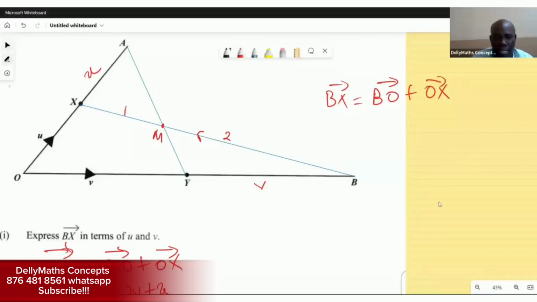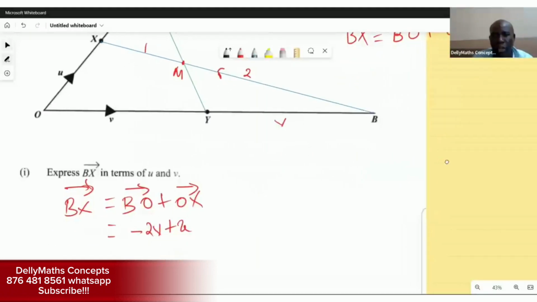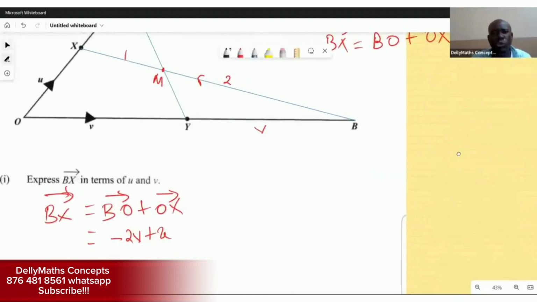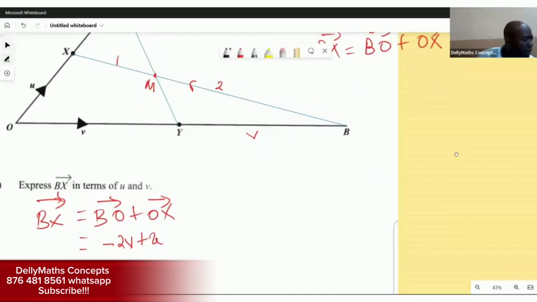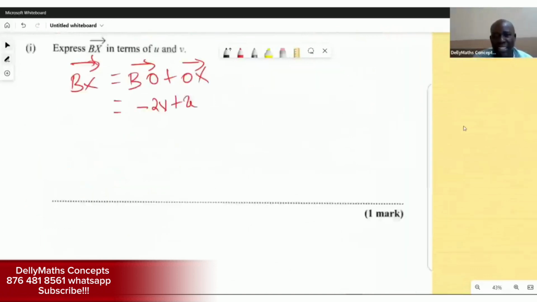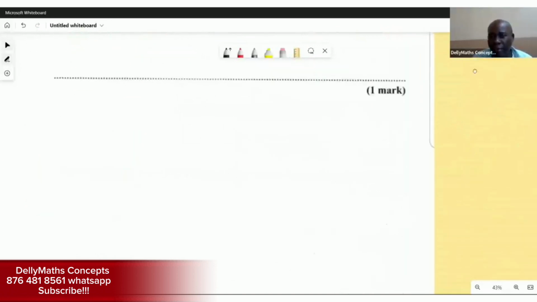Why do I feel like I worked out BX already? I have BX. All right, good. So if I have BX already, then 2/3 of BX is BM. So I have it already. You know what BM is? BM is equal to 2/3 of BX, and BX is -2v plus u.